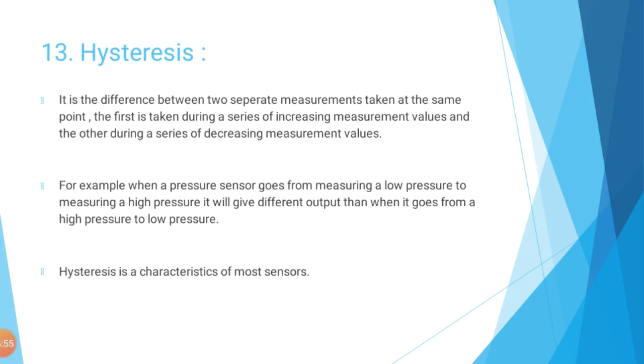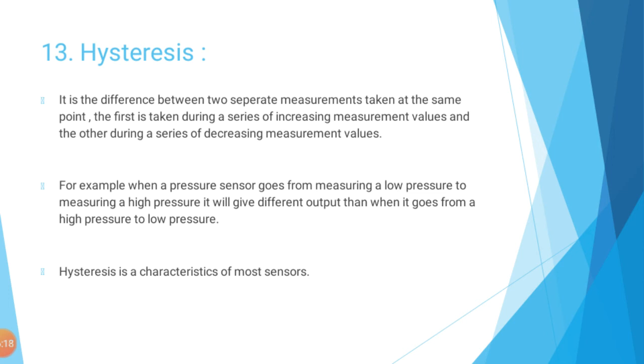Now the next characteristic, and this is the last characteristic of the sensor, is the hysteresis. It is the difference between two separate measurements taken at the same point. The first is taken during a series of increasing measurement values, and the other during a series of decreasing measurement values. We know the hysteresis curve.